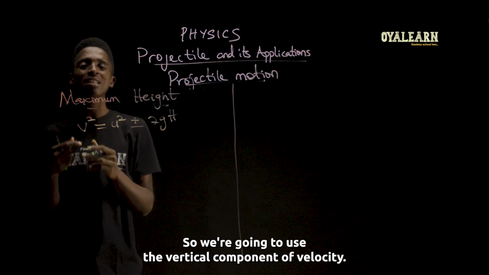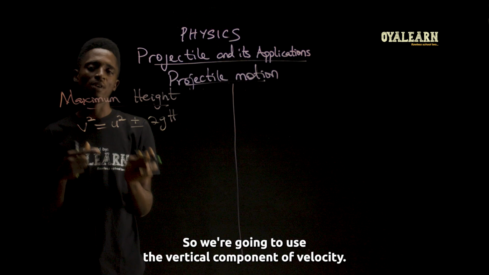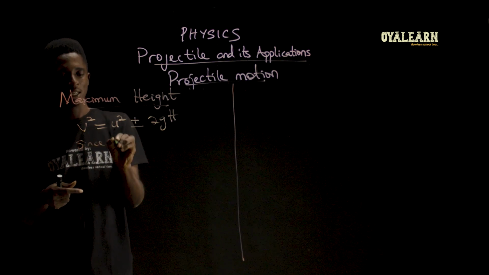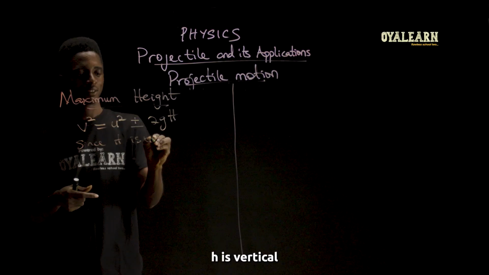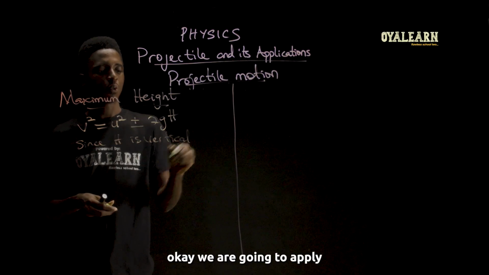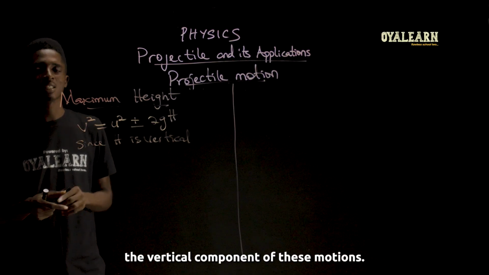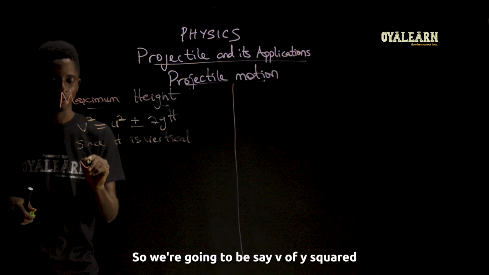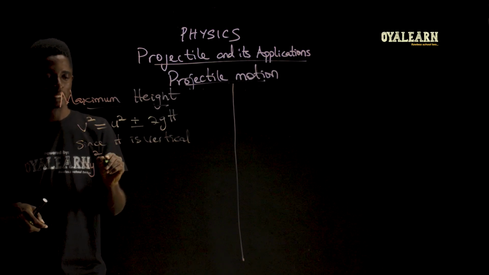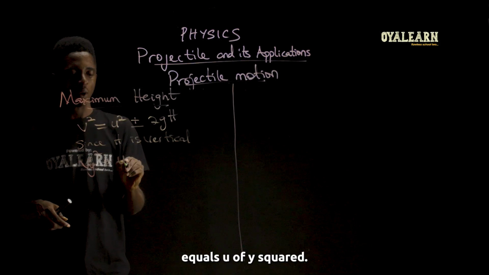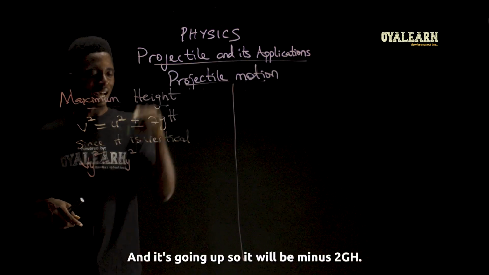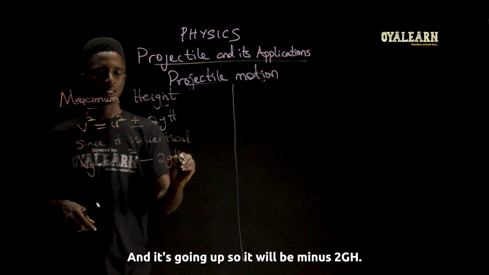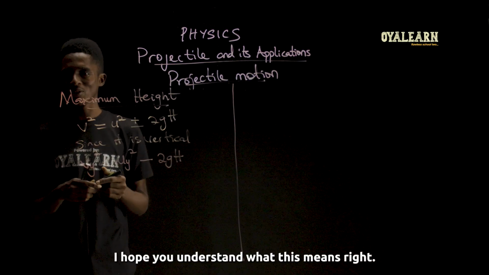So we're going to use the vertical component of velocity. Since H is vertical, we apply the vertical components: V of y squared equals U of y squared, and since it's going up, it will be minus 2GH. I hope you understand what this means.